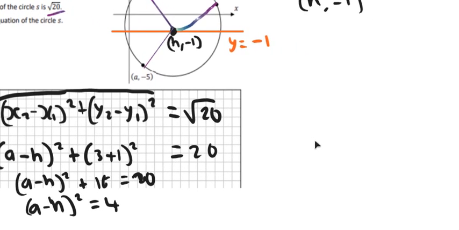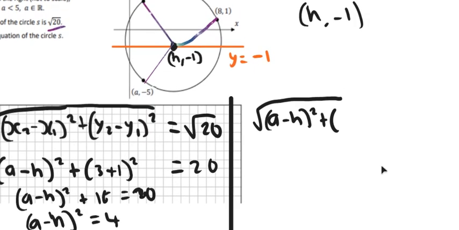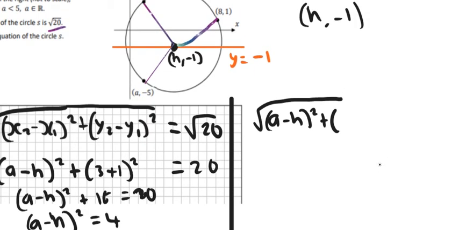Let's use the other 2 points. I'm going to use the a minus 5 now, so I'm going to get the same thing, so it'll be a minus h squared plus minus 5 minus -1, so it's plus 1 squared is equal to √20.